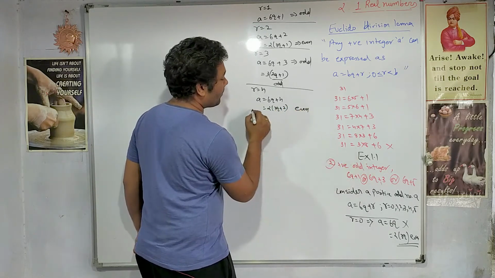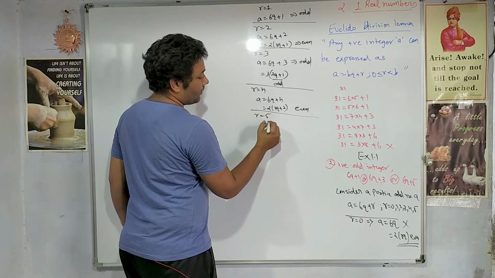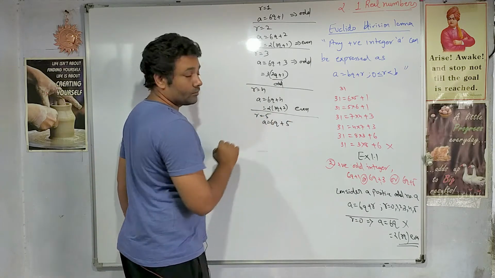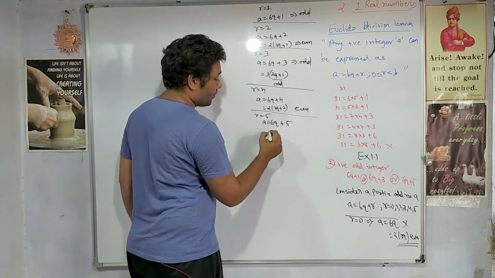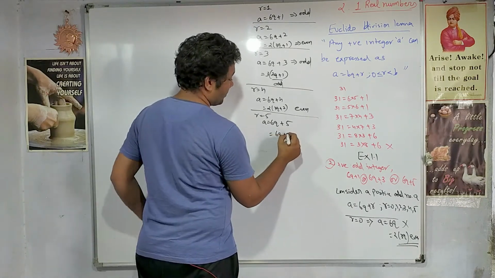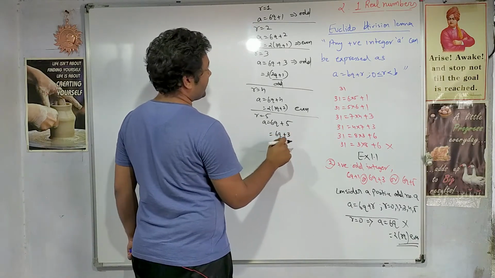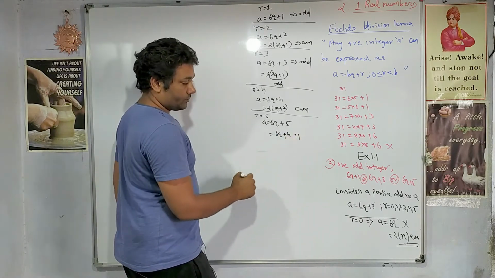Again, this is not in our question, right? If we take r equal to 5, that is 6q plus 5. Does this represent an odd number? Let us try to prove. I can write 6q plus 4 plus 1, right?